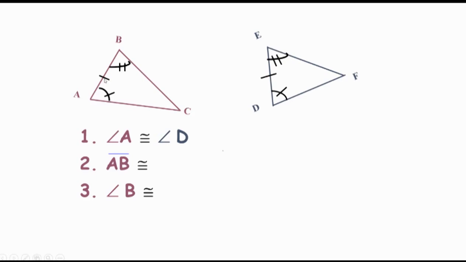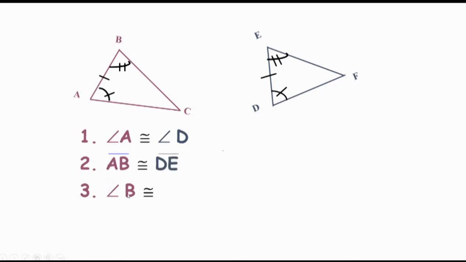This tells you that this side is an included side, because an included side means it's between two angles. So which side is congruent to side AB in the other triangle? That would be side DE.